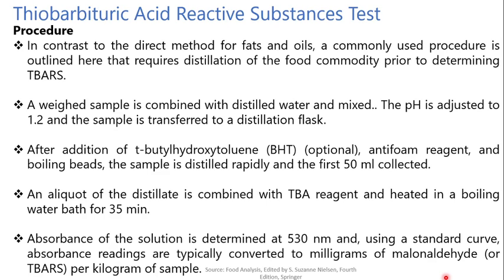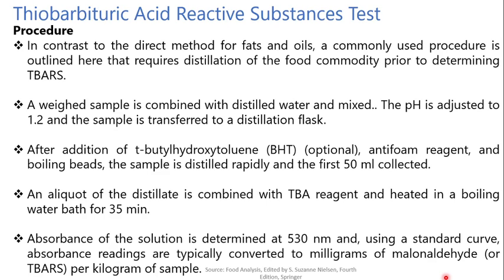A weighed sample is combined with distilled water and mixed. So the pH is adjusted to 1.2 and the sample is transferred to the distillation flask. After addition of tertiary butyl hydroxy toluene, BHT, antifoam agent and the boiling beads, the sample is distilled rapidly and the first 50 ml is collected.